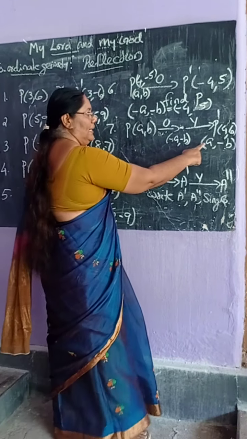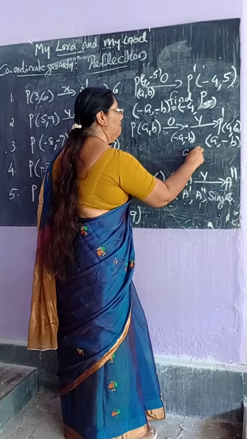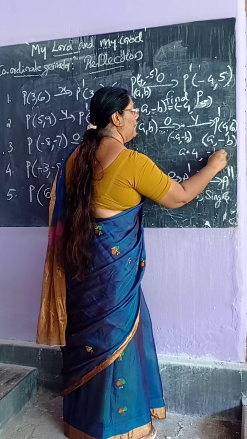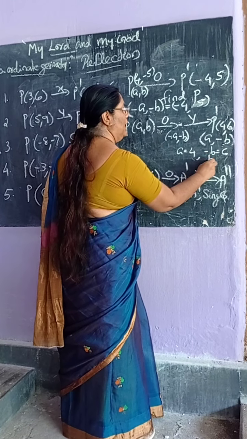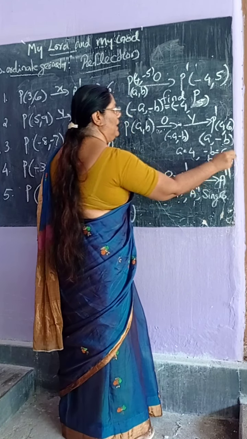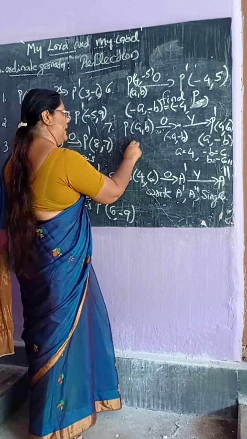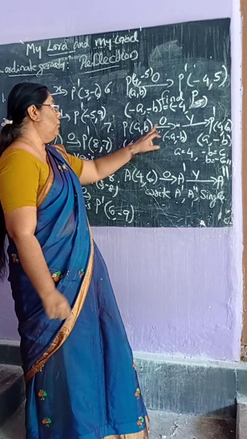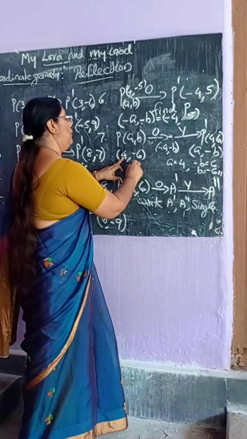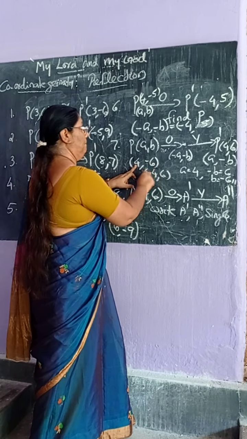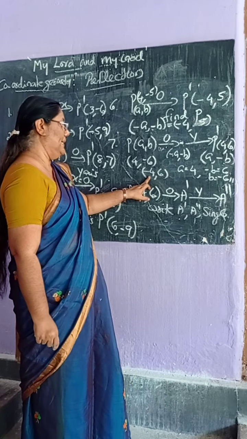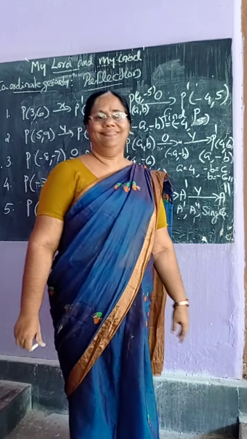Then equate A equal to 4 and -B equal to 6. Therefore, B equal to -6. We can verify that (4, -6) through the origin means (-4, 6). Again through the y-axis means x coordinate changes, (4, 6).